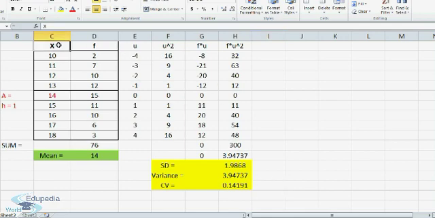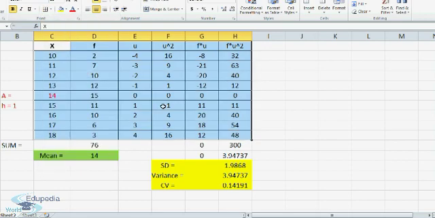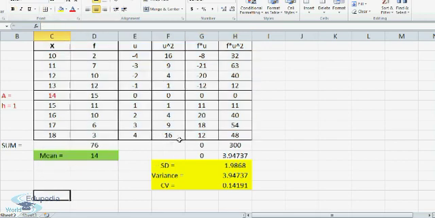Okay, so I hope it was easy and simple to understand. We have taken both the deviation and the step deviation methods for the raw data as well as for frequency distribution.